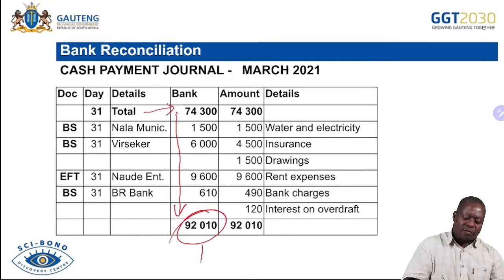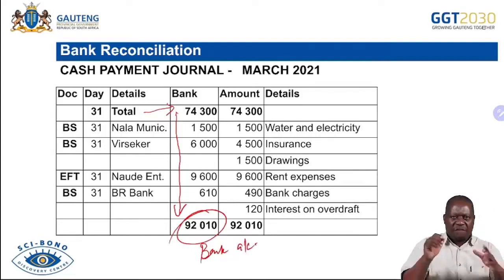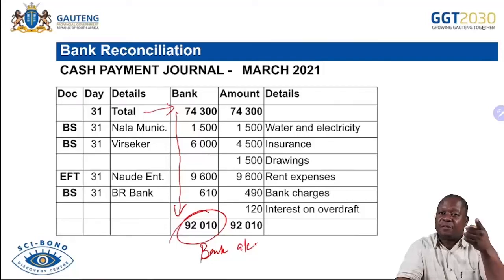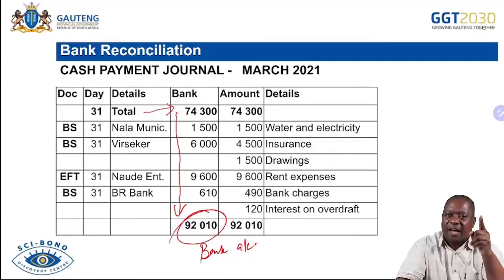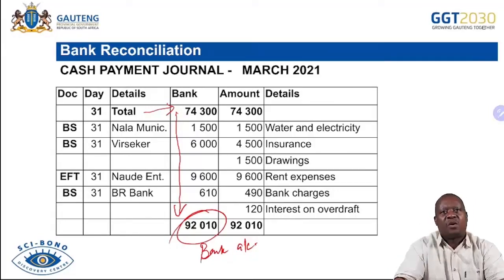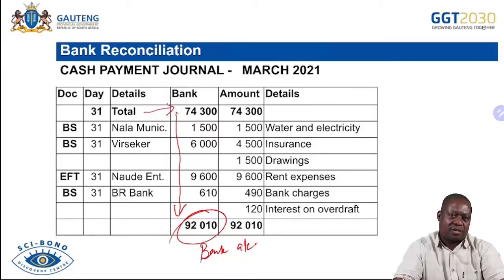Please take note, this goes to our bank account. Very important. So remember, from the CRJ, we have got a total figure. We said it's going to the bank account. From the CPJ, we have got a total figure. We said it's going to the bank account.